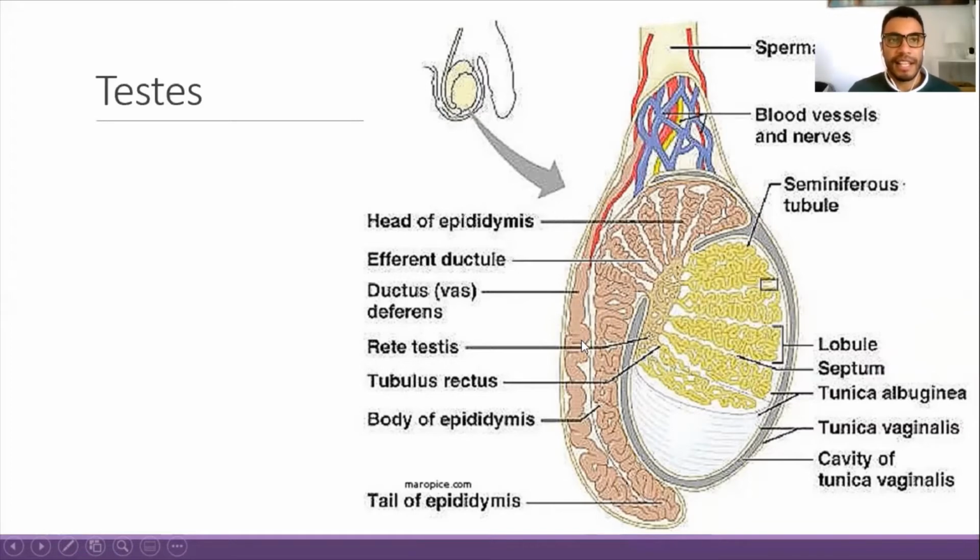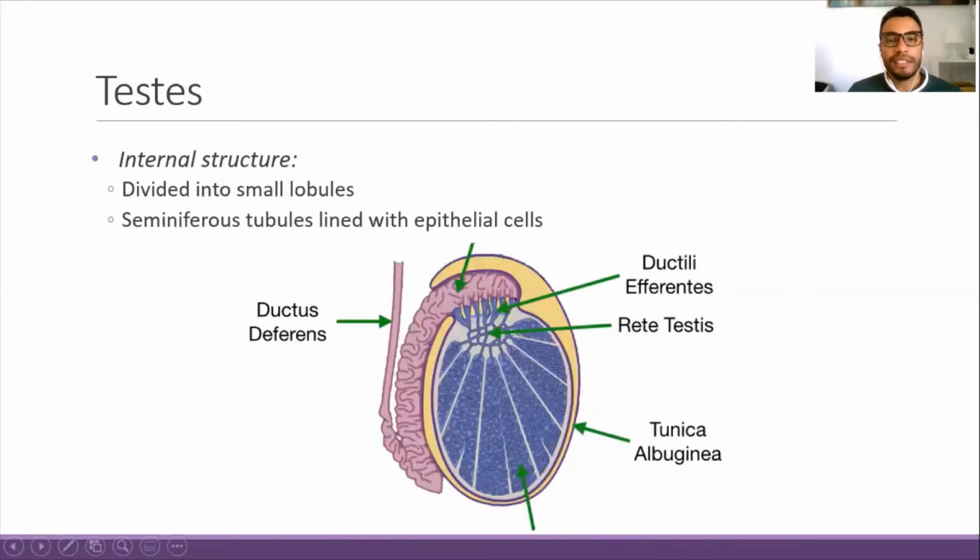Next we have the internal structure. The testes are divided into small lobules. If you see here, this is a lobule, this is another lobule. There are many different lobules.